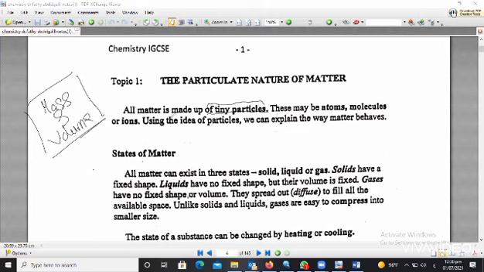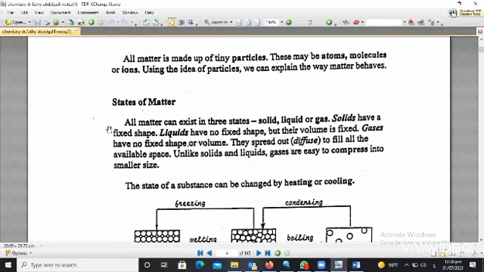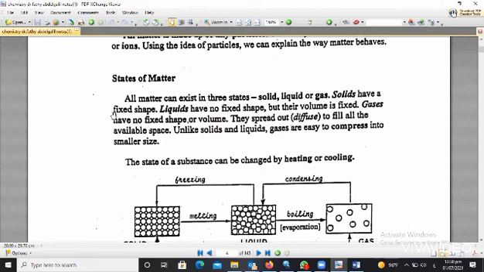We can explain this theory by the following. First of all, we need to know what the different states of matter are. Matter can be found in three different states. Do you know these states? Someone will tell me that these states are solid, liquid, and gas. Are there any other states?